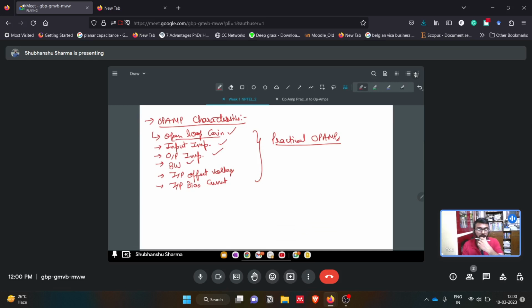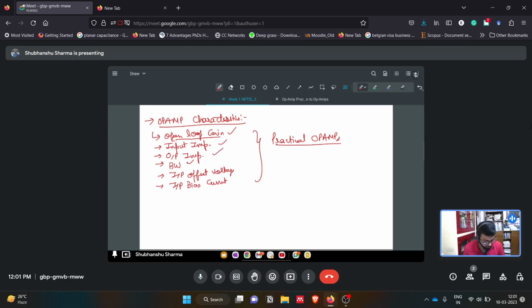It is normally around 200,000 or something near that range. Input impedance is in mega ohms or giga ohms, sometimes not infinite. Output impedance is not completely zero; some value is there, like 50 ohms, depending on the output current. We also have limited bandwidth; we don't have a bandwidth up to infinity.